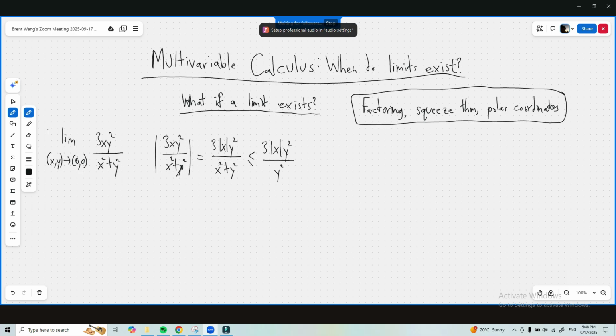And the y squareds cancel out, and this is equal to 3 times the absolute value of x. So we can say that 0 is less than or equal to 3xy squared over x squared plus y squared, which is less than or equal to 3 times the absolute value of x. We can apply the limit on all three sides.